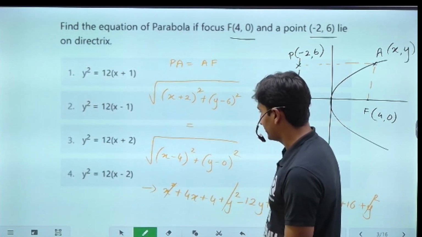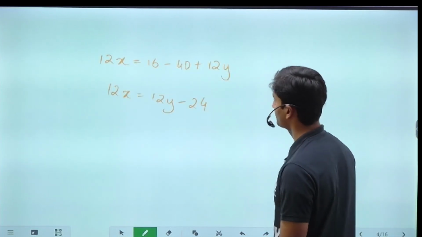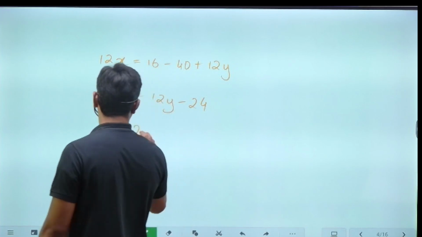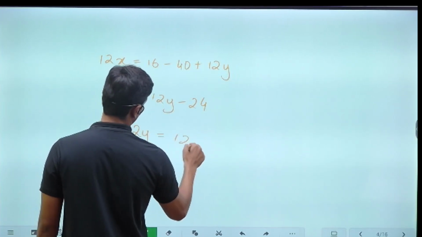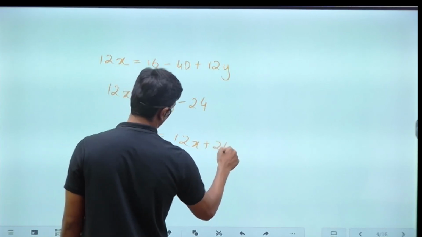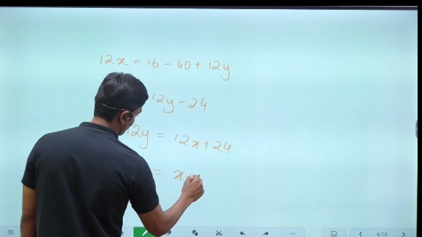See, basically, I think I have skipped a method here or something. So 12y will be equal to 12x plus of 24. So y will be equal to x plus of 2.